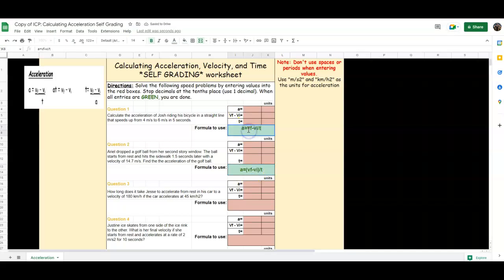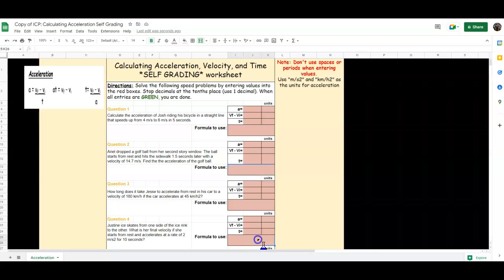So here it's the same thing. If you want to ensure that it turns green, put the parentheses in there in order to ensure that it will turn green. Okay, now there is another formula. For example, question 4 says, what is her final velocity?